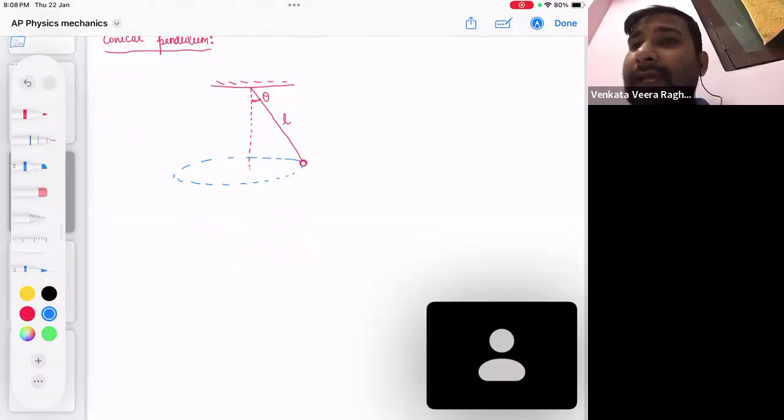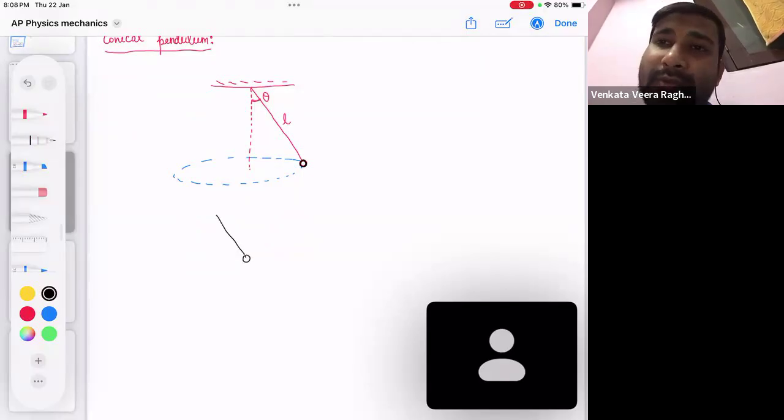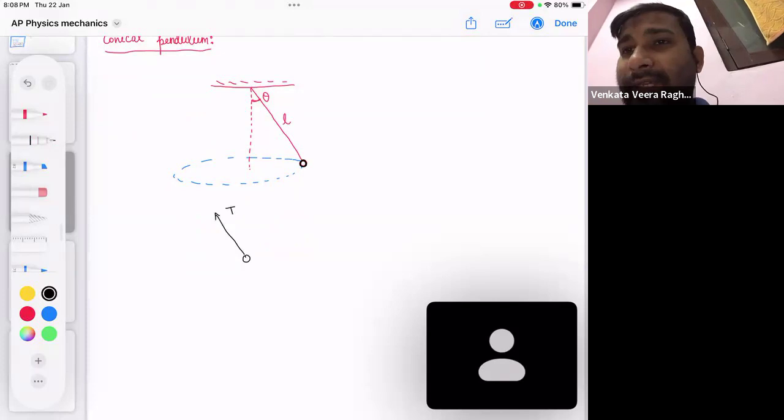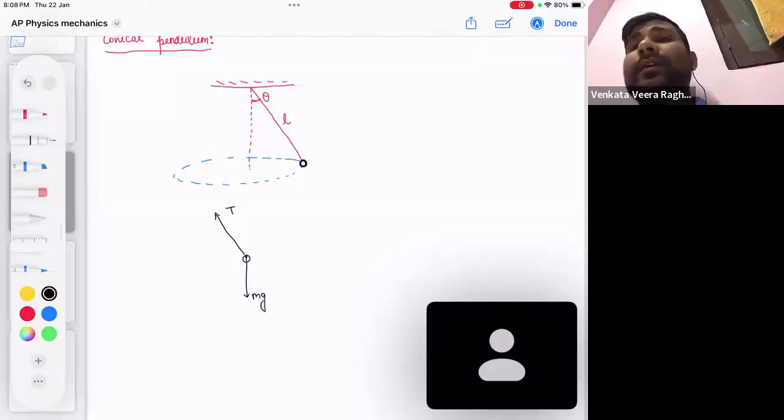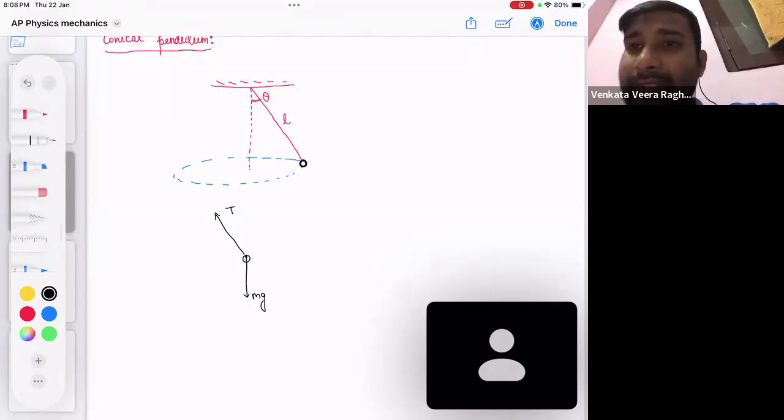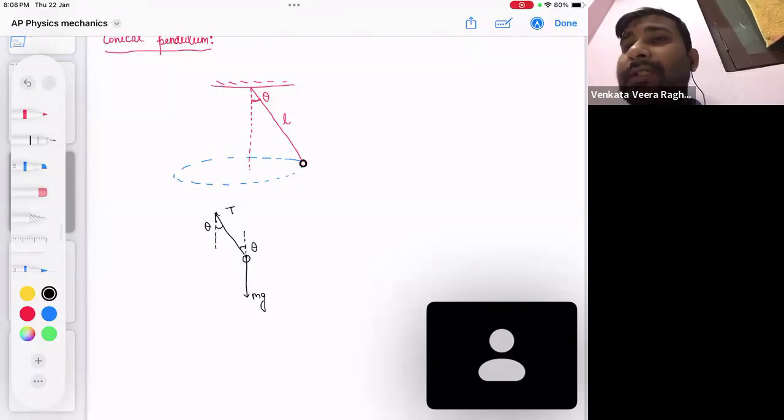Okay, so how do we calculate it? The first thing we will start with is the free body diagram. If you draw the free body diagram, what forces will you find? There will be a tension force acting and there will be mg acting. These are the two forces acting on the particle, understood? Now if I say this angle is theta, then the vertically opposite alternate angle is also going to be theta.